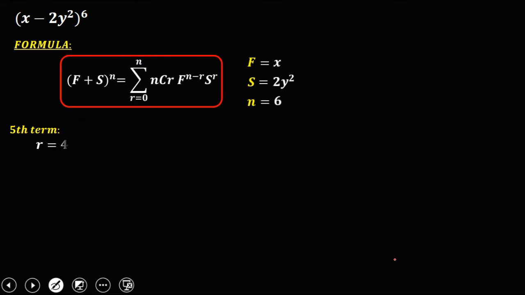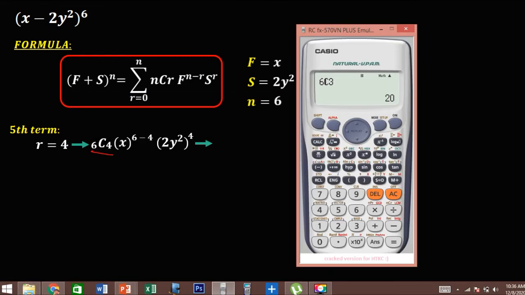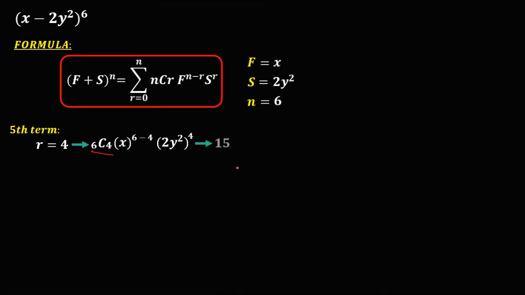For the fifth term, r now equals 4. So 6 choose 4, then x to the power 6 minus 4, then 2y squared to the power 4. Then 6 choose 4 is 15.